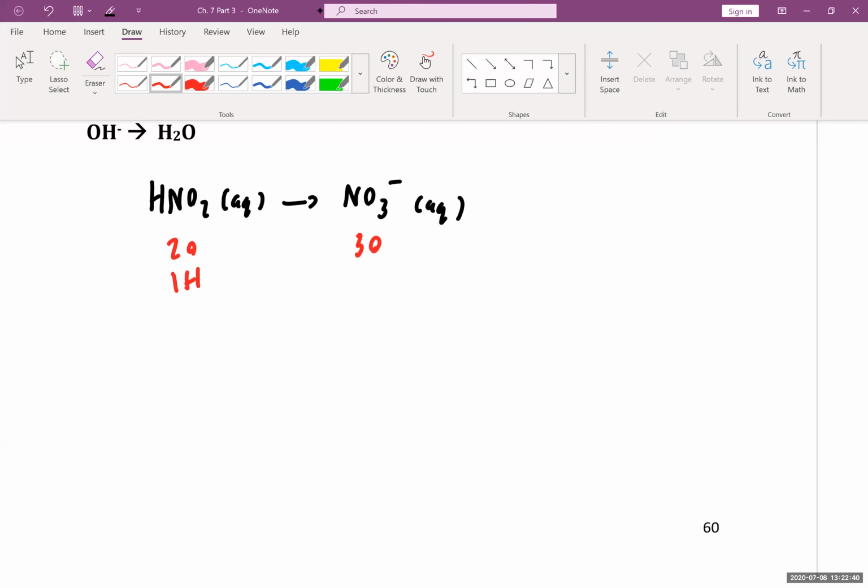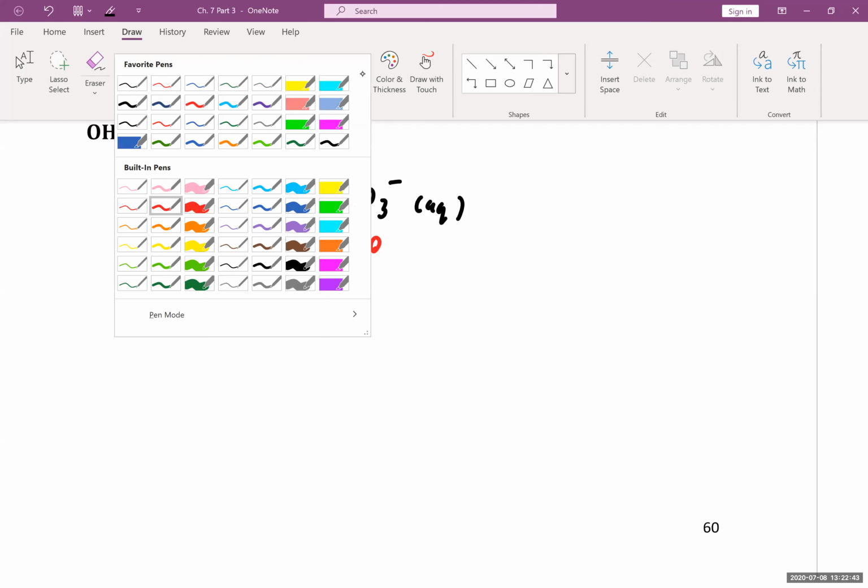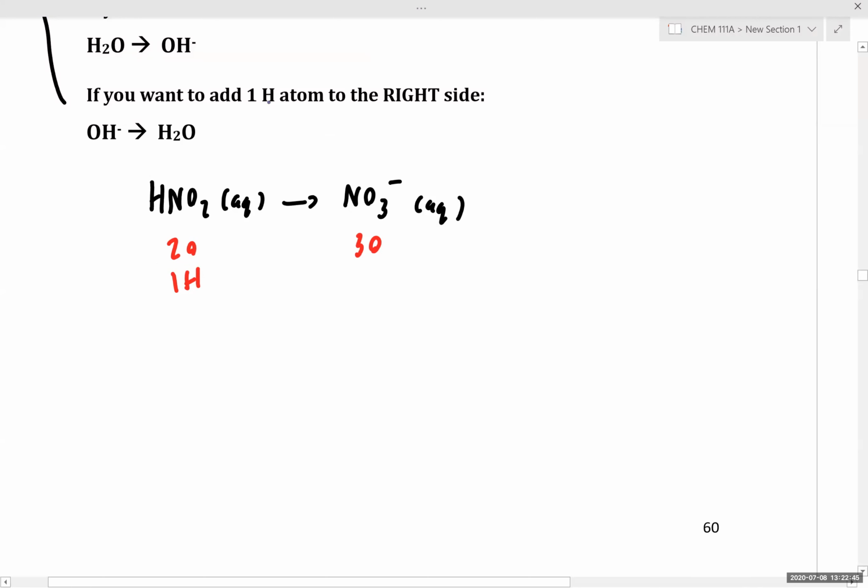First and foremost, for basic conditions, I like to make a little bit of a need table. So I need +1 oxygen on the right-hand side, and I also need +1 hydrogen on the left-hand side.